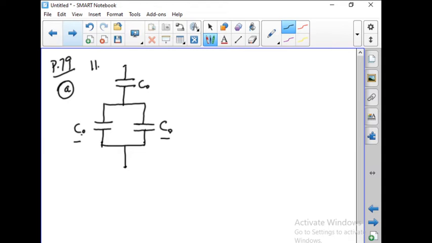What is the formula to calculate the equivalent capacitance? We know Cp is equal to C1 plus C2. Here the values are given as C0 plus C0, which is equal to 2 C0.